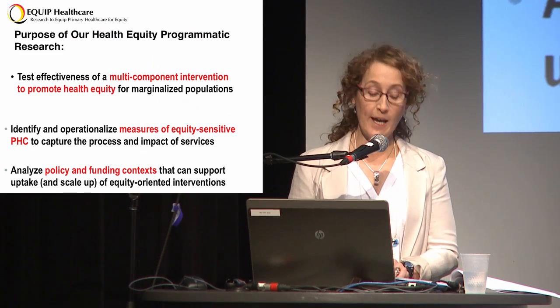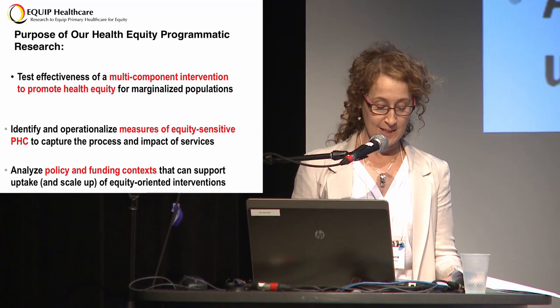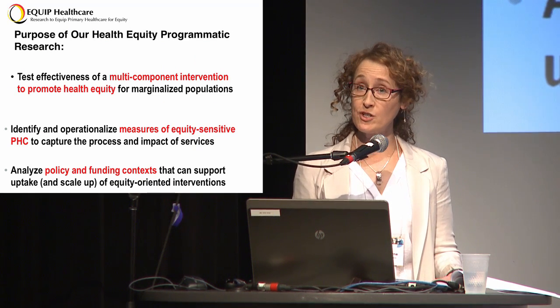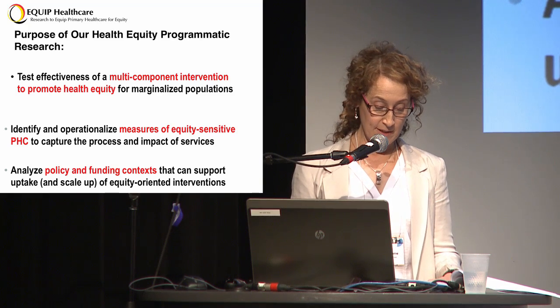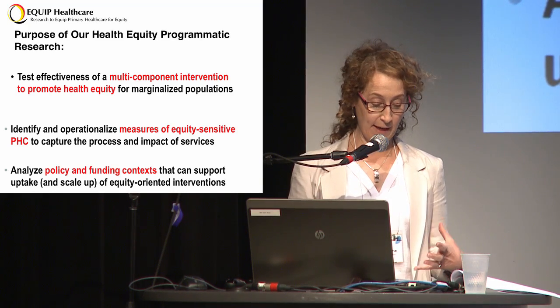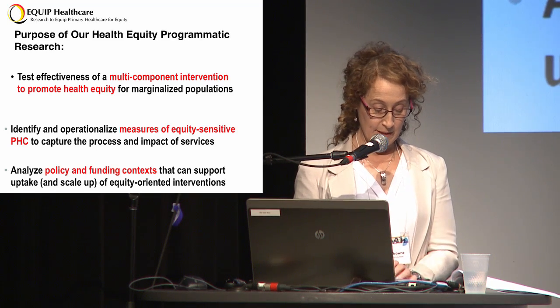And in a nutshell, the purpose of EQUIP is to test the effectiveness of a multi-component intervention to promote health equity for marginalized populations at 4 primary health care agencies that are serving very diverse populations.